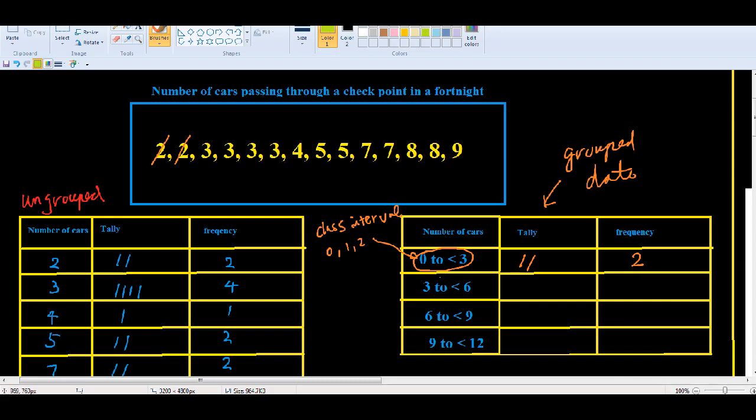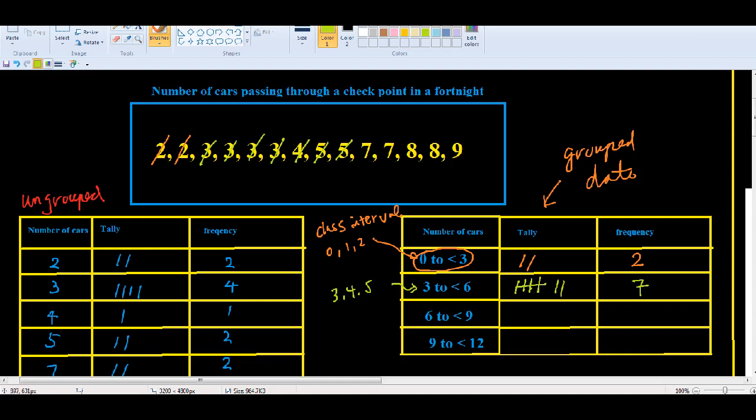That's the second class interval, meaning 3, 4, 5. Let's see how many: 1, 2, 3, 4, and 5, and 6, 7. So there are 7 of them.